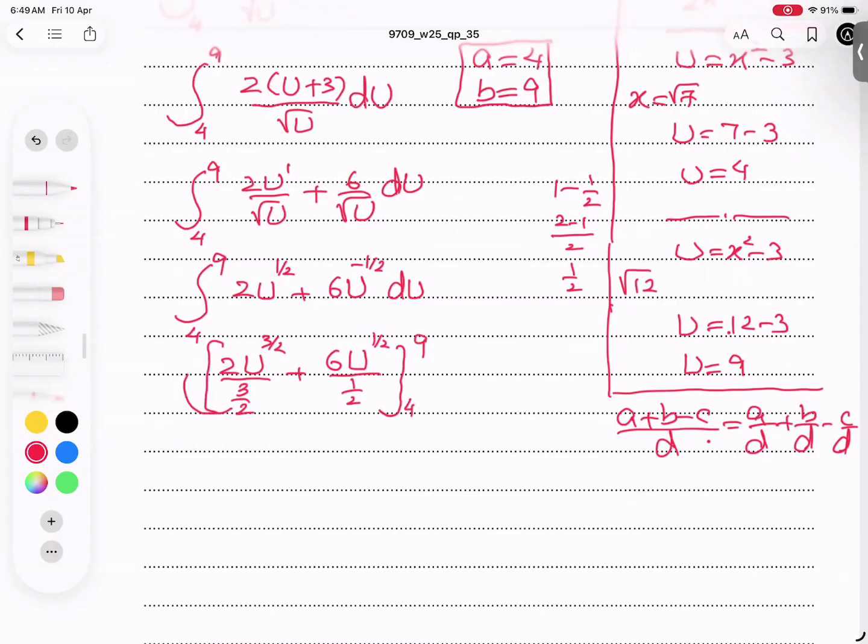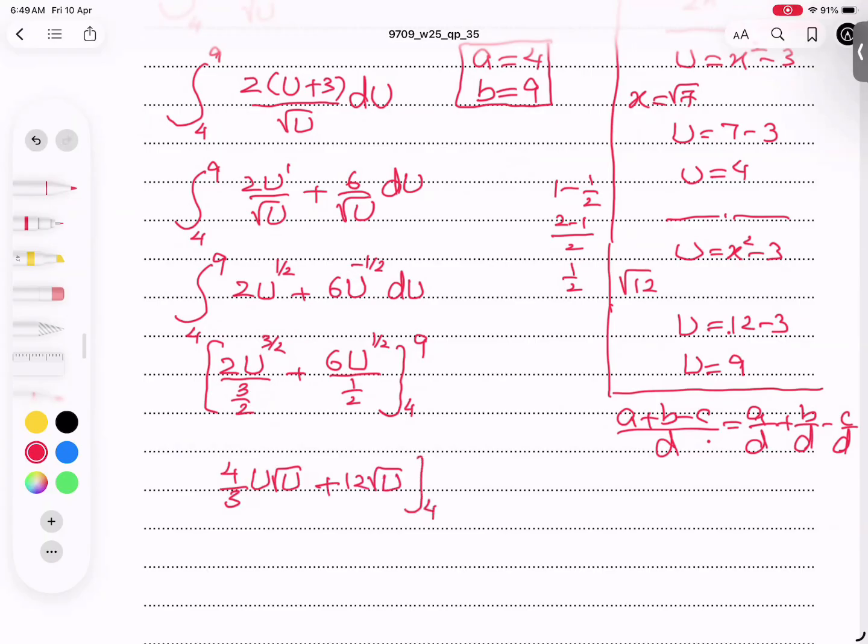And this will flip up. So this becomes 4 over 3 u to the power 3 by 2. 3 by 2 you can write as u root u, for your information, half plus 1 is 3 by 2. And it is 12 root u.